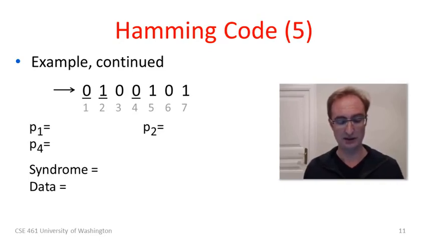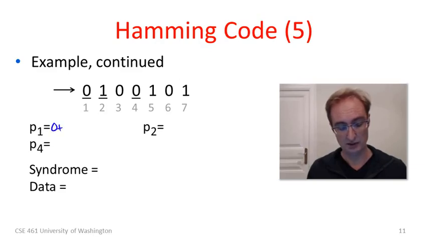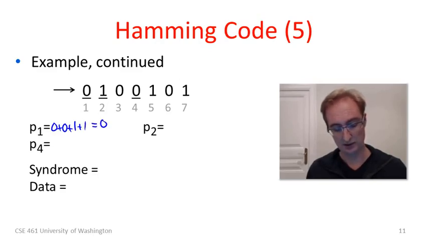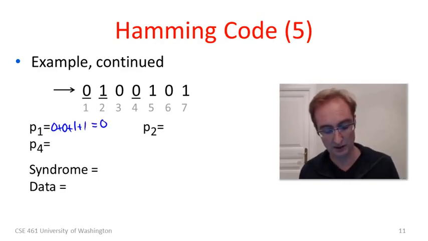Okay, here is the code word that we had from before with all of the parity sums computed. Let's recompute the parity bits. Parity bit 1, we're going to add positions 1, 3, 5, 7, and that's equal to 0. Parity bit 2, we're going to add 2 and 3, and 6 and 7, that's a 0.